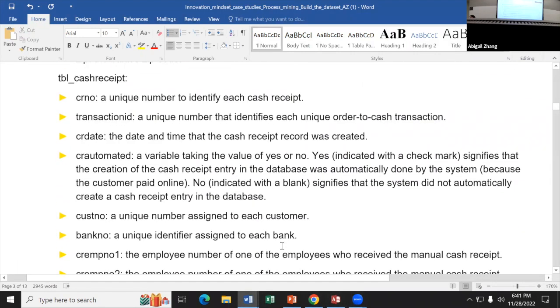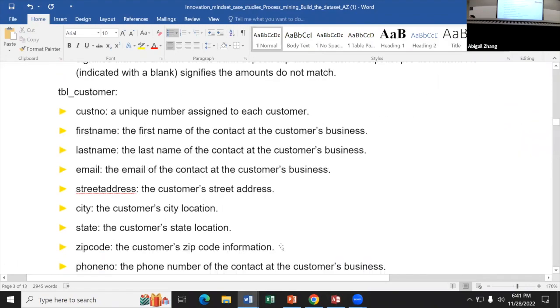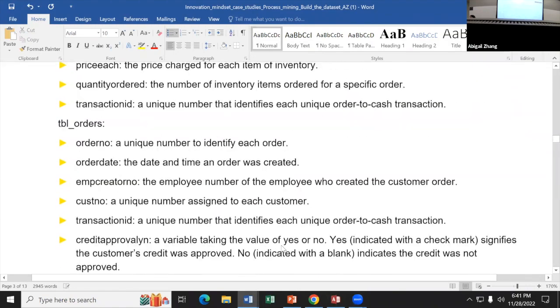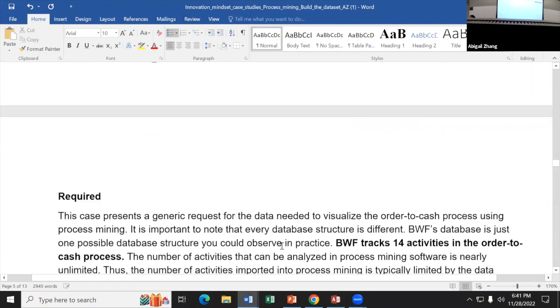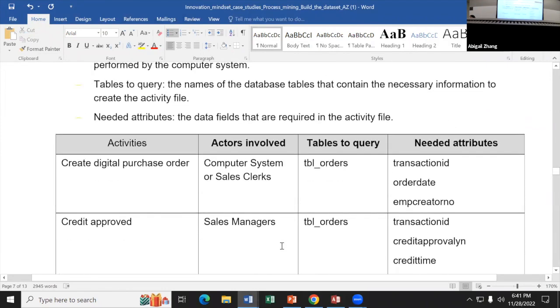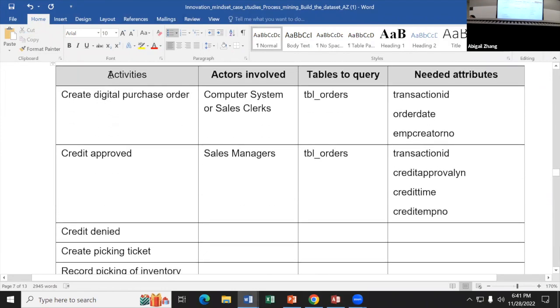So now let's look at our assignment for today. So what do we have to do? Our assignment is to fill out this table by identifying, if we want to get an activity, for example, create digital purchase order activity, what is the table that we have to use to identify that activity?